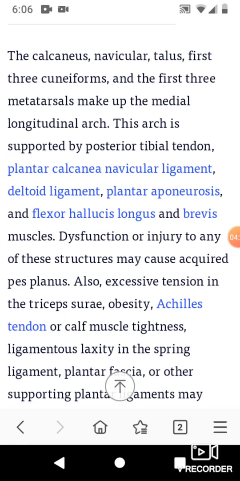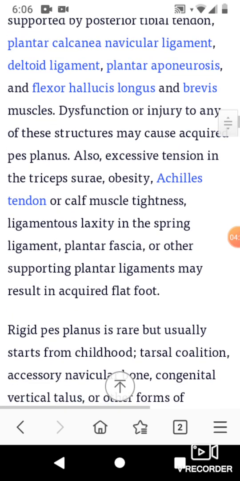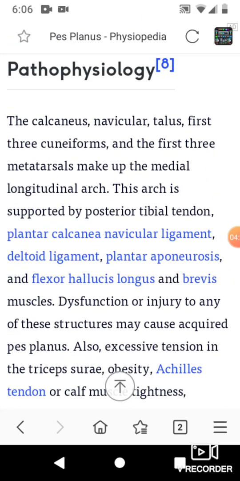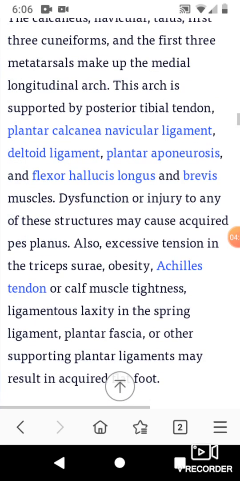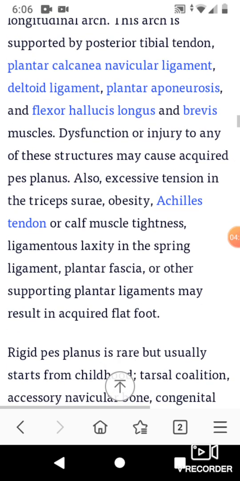So what happens is the calcaneus, navicular, talus, first three cuneiforms and first three metatarsals make up the medial longitudinal arch. This arch is supported by the posterior tibial tendon, plantar calcaneonavicular ligament, deltoid ligament, plantar aponeurosis, and flexor hallucis longus and brevis muscles.